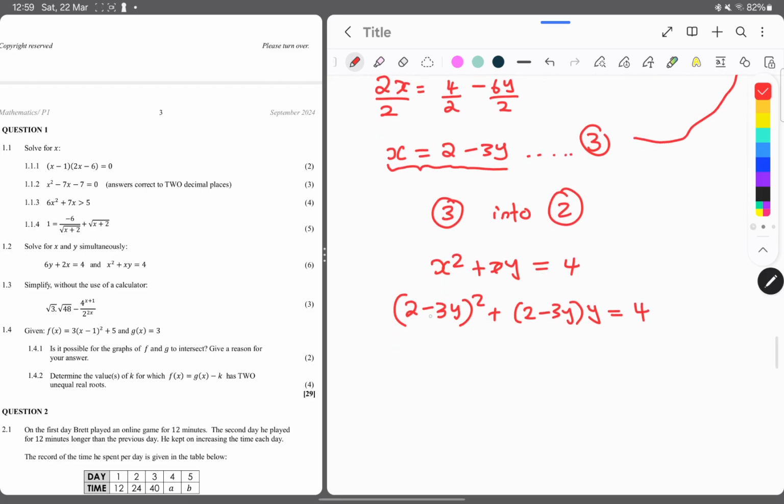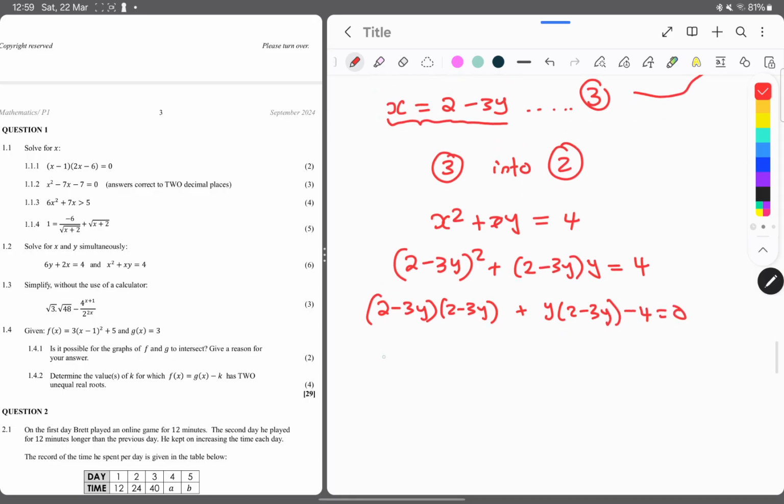Notice that you have what we call a double factor, right? So which means it's 2 minus 3y plus y into 2 minus 3y minus 4.